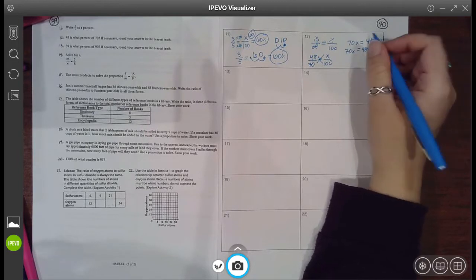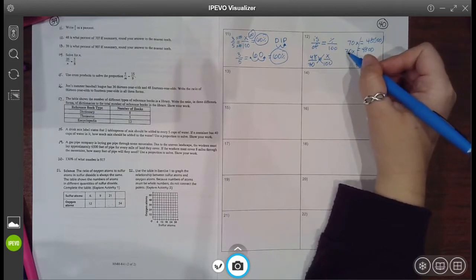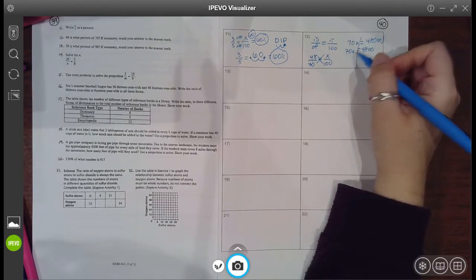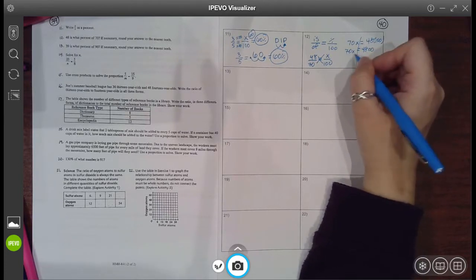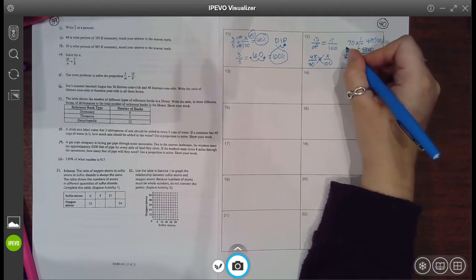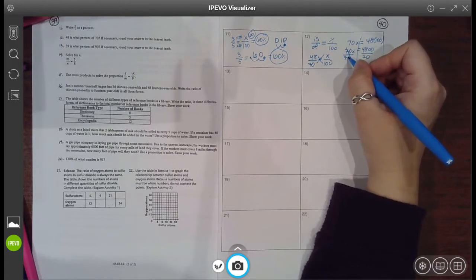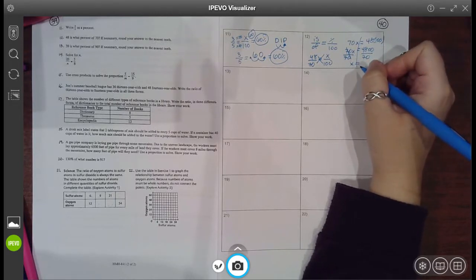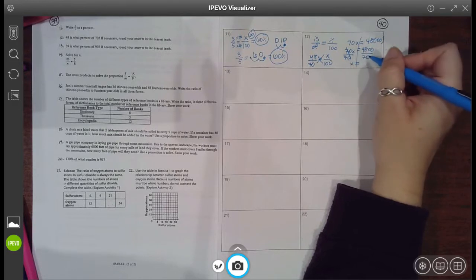Then to get x by itself, I want to get rid of this 70. Since they're being multiplied, the opposite of multiplying is to divide by 70, so that those cancel. Anything divided by itself is 1. So you have 1 times x, which is just x. Great, I got x by itself.